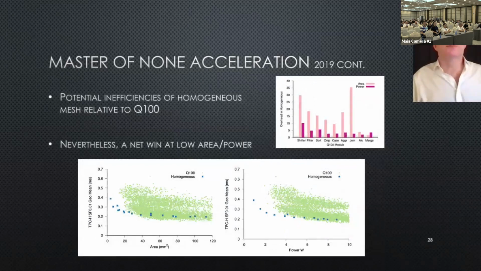So because it's general purpose, the operators may not be as fast as the specialized operators that do one specific thing. And we can see here in the top diagram that there are, in fact, overheads for each of these operators relative to Q100. The overheads are not insignificant for doing it this way.